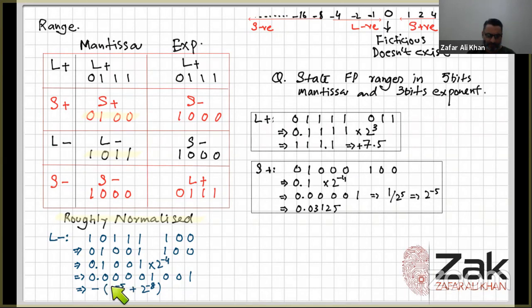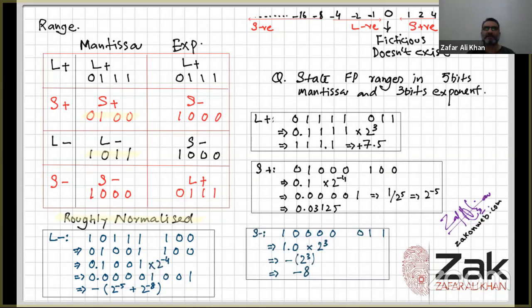So this is a positive point, 2 to power minus 5 plus 2 to power minus 8. It is positive, so we put brackets and we put a negative sign to show that it is the largest negative number that is possible in 5 bits mantissa and 3 bits exponent.